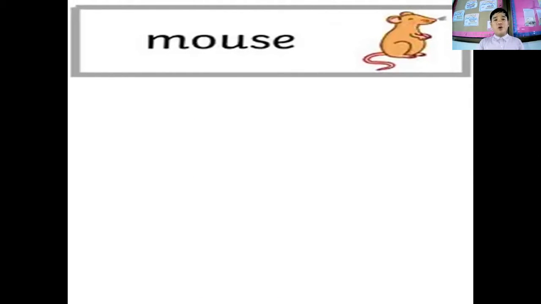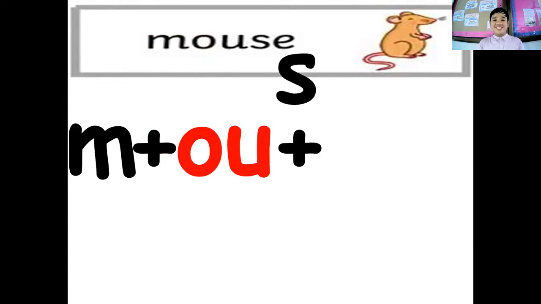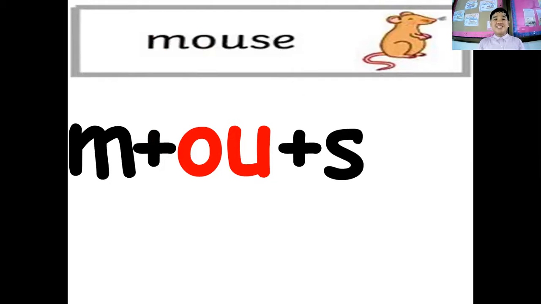And so that's another one. This word starts with letter M. So what is the sound of M? M, plus ow, plus s, plus e.